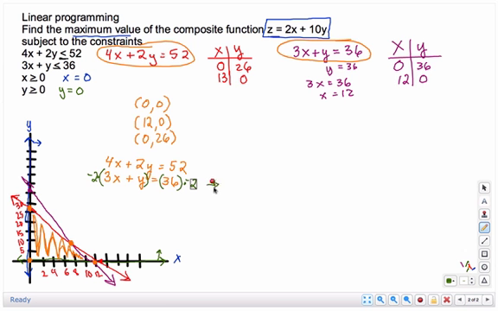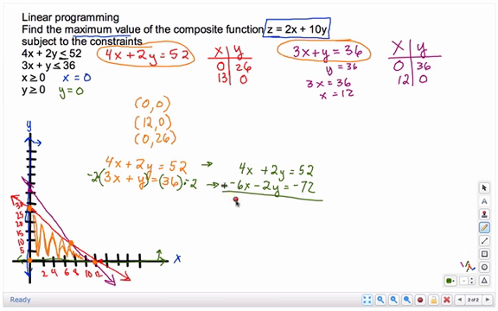Okay, so we will get here negative 6x minus 2y equals a negative 72. And then we'll just rewrite this equation just the same as it was. 4x plus 2y equals 52. Now go ahead and add those two together.